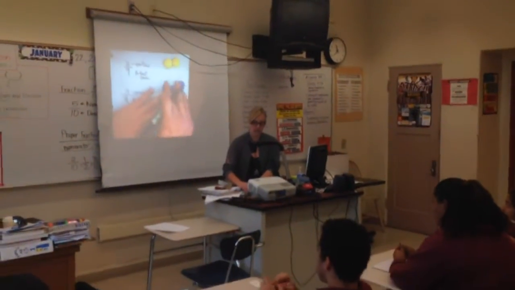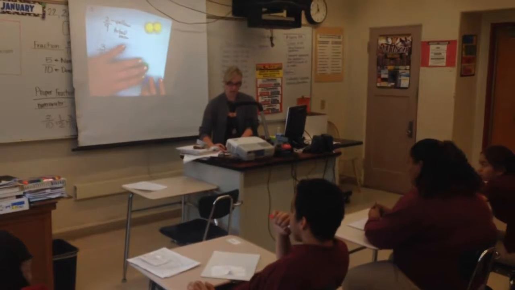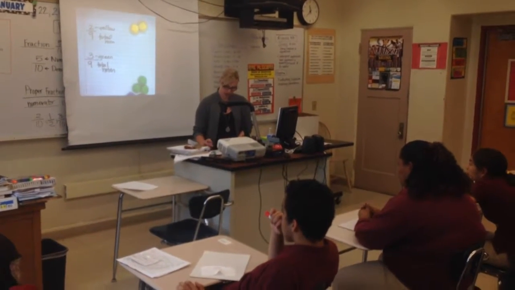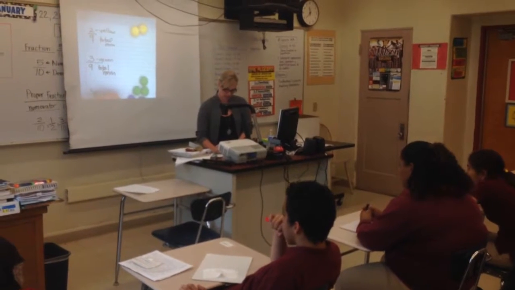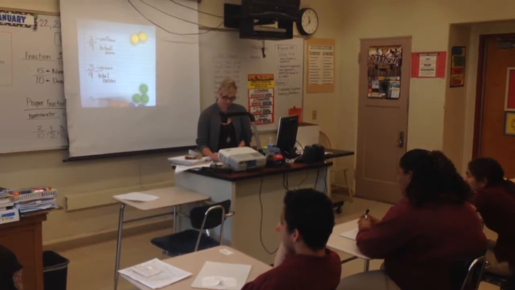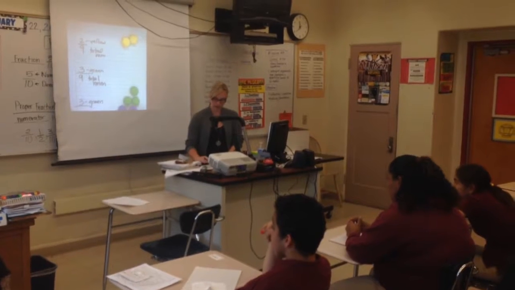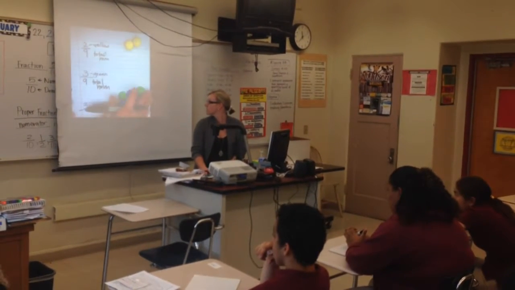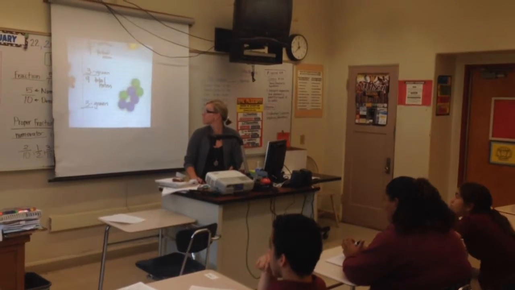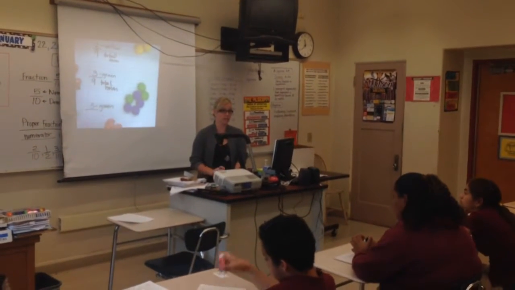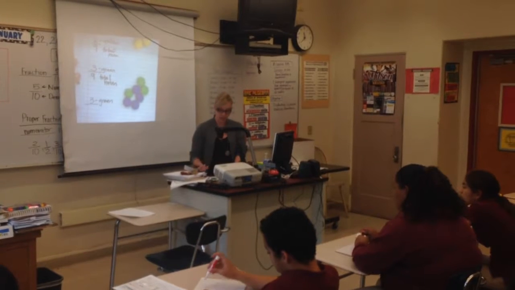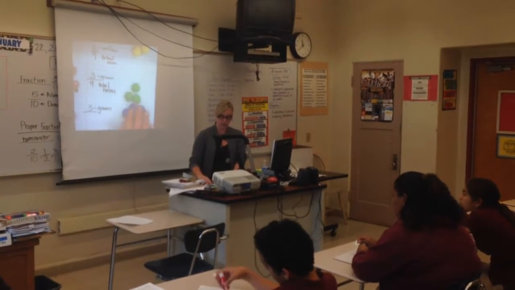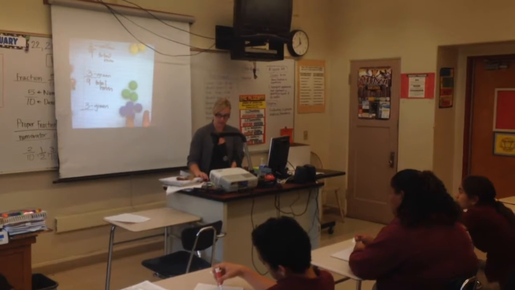You could divide the colors up and say, out of just the green and blue, I have 3 green to a total of, if I'm using just the green and blue, 1, 2, 3, 4, 5, 6, 7.